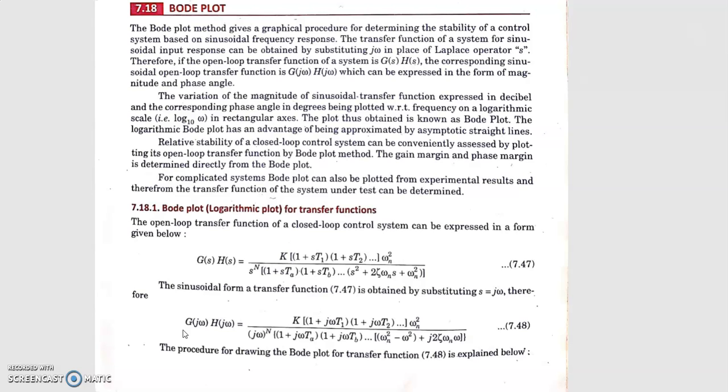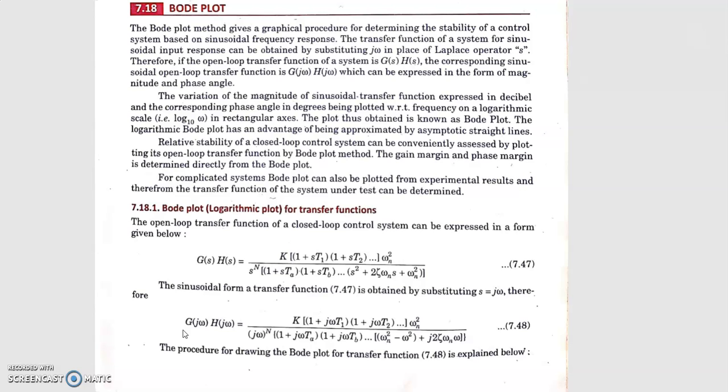Today, we will discuss the Bode plot concept. Let us consider this slide, which is based on the book. Basically, the Bode plot is a logarithmic plot, and it is used to find out the stability criteria of the control system.